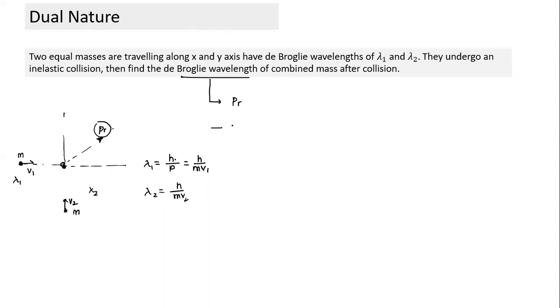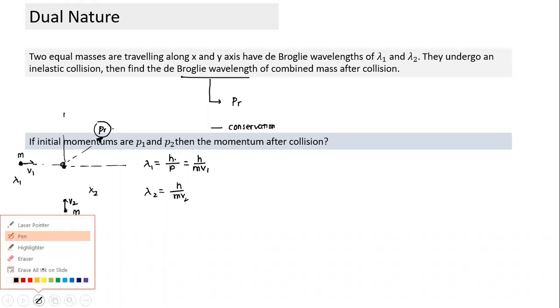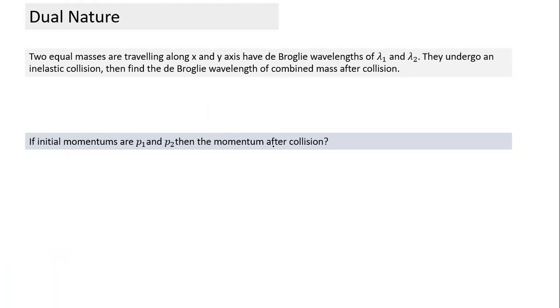How do I find the resultant? Conservation of momentum. So this momentum has to be equal to the sum of these two. If the initial momenta are P1 and P2, what is the momentum after collision? Since momentum is a vector quantity, the resultant momentum will be equal to the vector sum of the initial momenta.